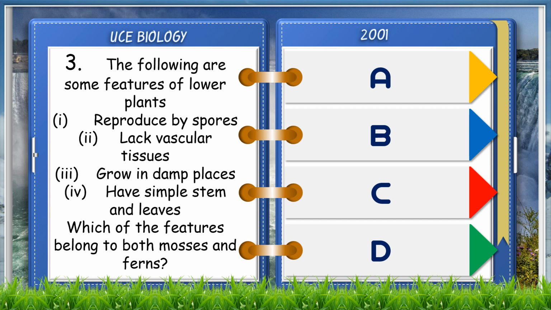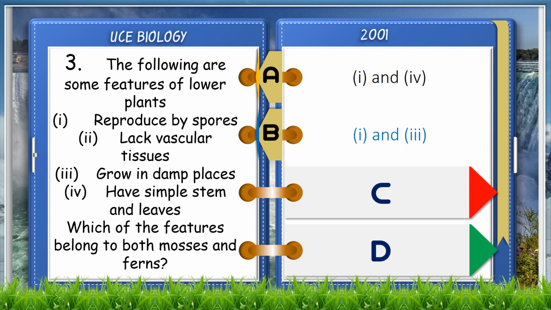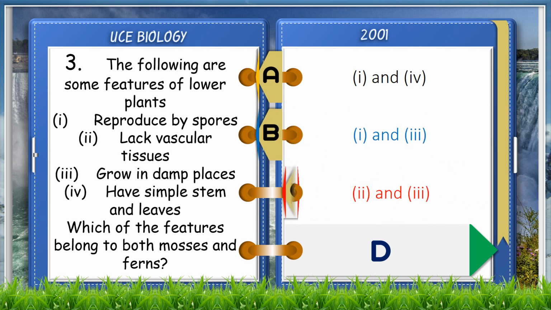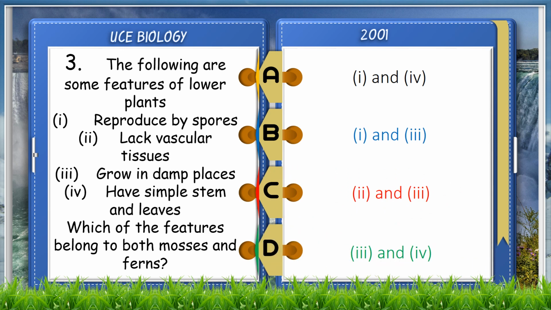Which of the features belong to both mosses and ferns? A. 1 and 4. B. 1 and 3. C. 2 and 3. D. 3 and 4. The answer is B. 1 and 3.